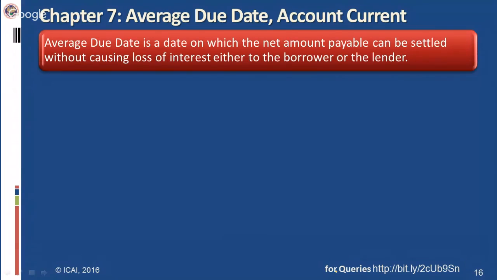Average due date and account current. Students sometimes think it's an unimportant chapter and that we can leave it, but my advice to you is do not skip it. It may become a part of question number 1 sometimes, and otherwise also a 4 marks or 6 marks question generally comes from this topic, with an A or B choice.